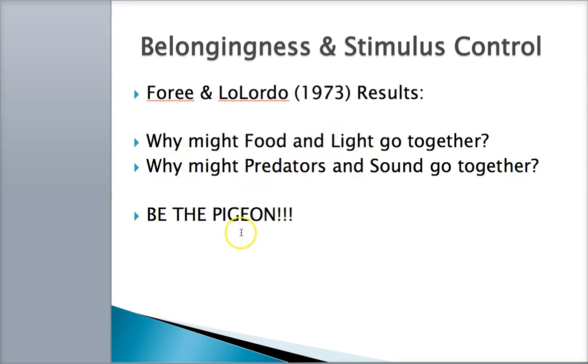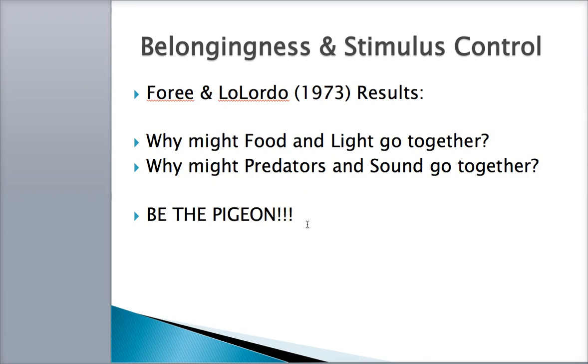On the other hand, pigeons are prey species, and so they're constantly vigilant, observing in some way for predators. And because they have to use their eyes to find food, they rely more on auditory cues to warn them about predators.